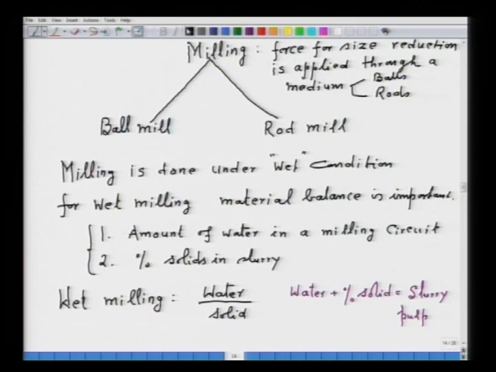So, here what is important is that the viscosity of slurry is important. Why is it important? Can you think of it? For that you have to think what determines viscosity. Viscosity determines the flowability of the mixture that you have formed.